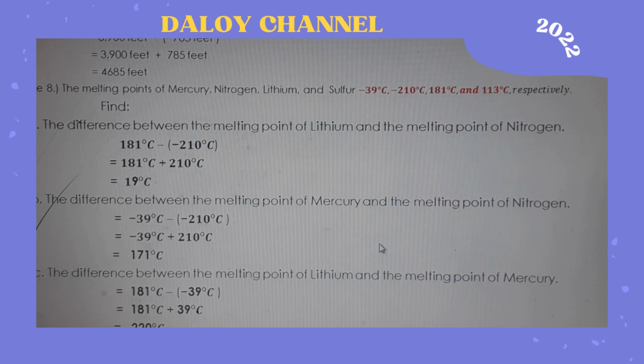The melting point of lithium is 181 degrees, to be subtracted by negative 210 degrees Celsius. So the statement becomes 181 degrees Celsius minus negative 210 degrees Celsius.